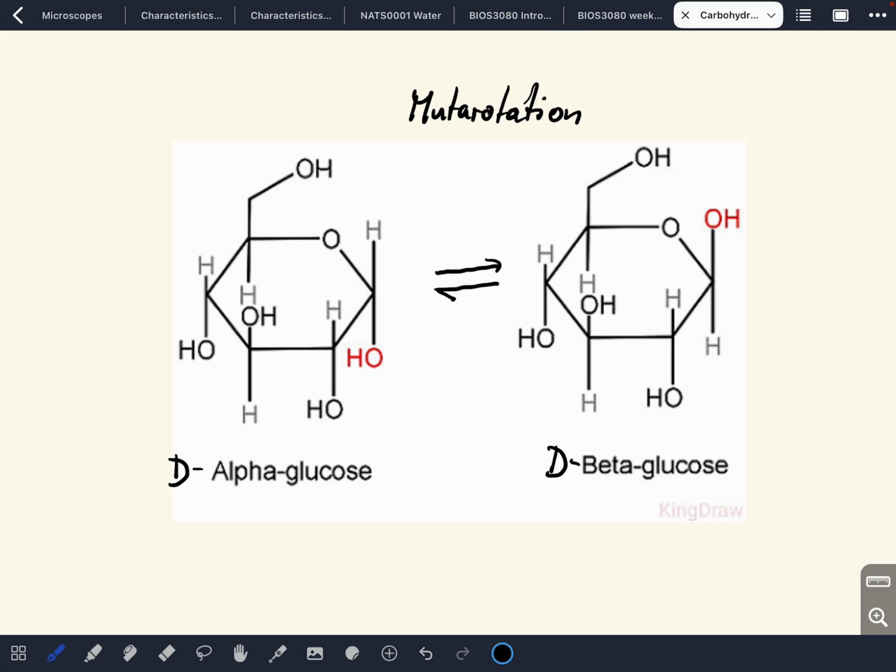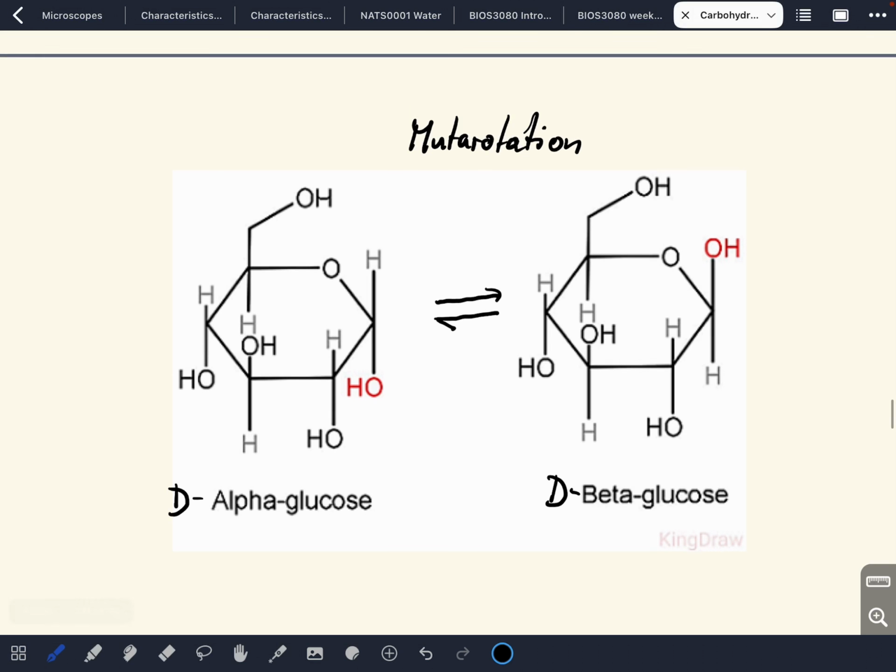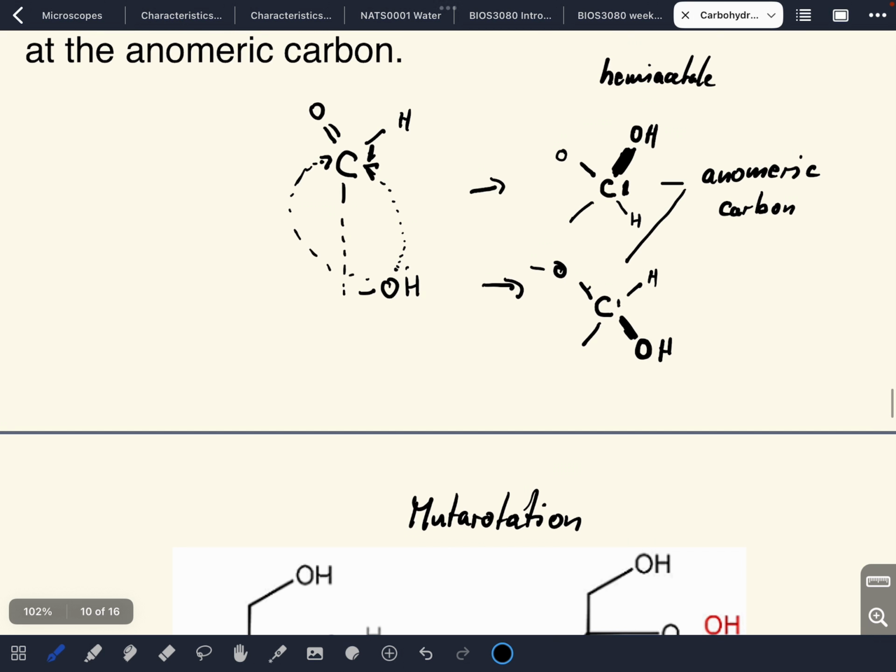And the alpha and the beta form can convert into each other. So there is a mixture of alpha and beta, and it depends on which one is more stable, but they can convert into each other because this form, for example, the beta form, can open up into the aldehyde, and then the OH group in the 5 position here can attack on the other side.